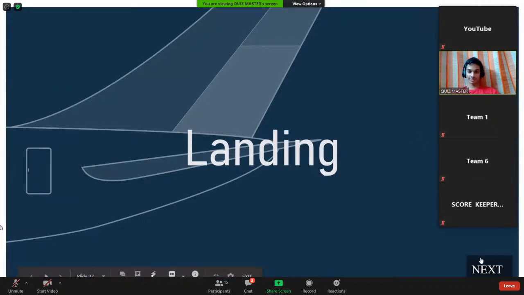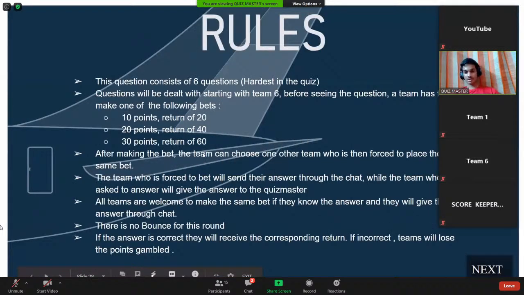So here's how we're going to do this. This round is 6 questions for 6 teams, which happen to be, according to us, the hardest questions in the quiz. We'll start with team 1, because we've been going from team 1 before. Team 1, before looking at their question, has to make one of the following bets.